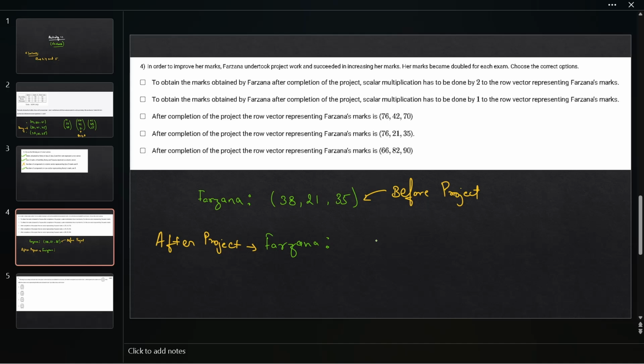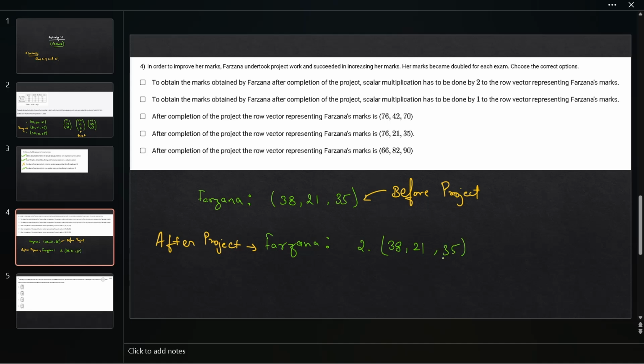Doubled for each subject means you are multiplying each component of this row vector with 2. So what happens when you multiply each component with a constant or a scalar? That is what happens in scalar multiplication. So it's just scalar multiplication of 2 with the row vector 38, 21, 35.